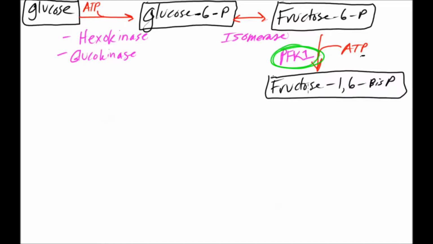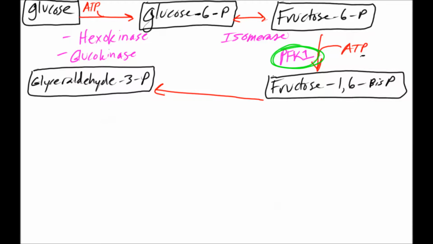From here on out, we're done investing ATP. Our goal is to make energy, so let's stop putting it in. Let's actually make some from here on out. So this fructose 1,6-bisphosphate molecule can be broken down. It can be turned into a glyceraldehyde 3-phosphate molecule.